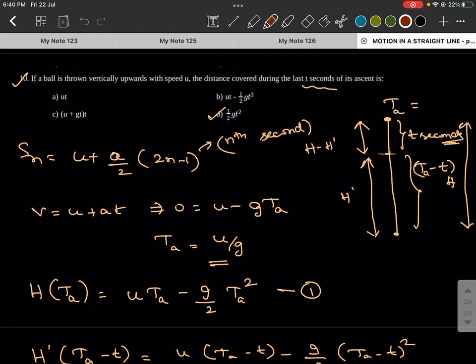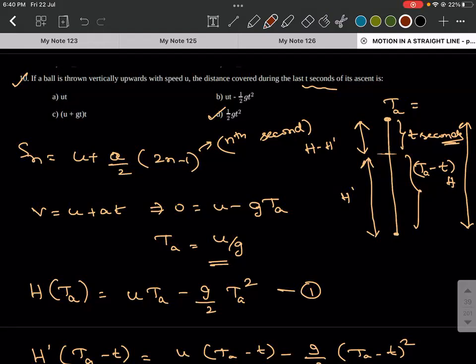Now, the approach was first I tried to calculate how much time it will take to reach the maximum height. Why did I concentrate on maximum height? Because they use the word ascent. In ascent, the object is traveling in the upward direction. I wanted to know how much time it takes for the object to reach the maximum height, and I got it as u by g. That is the time of ascent.